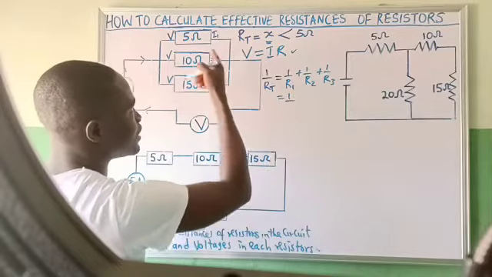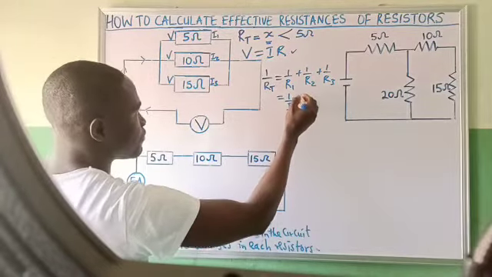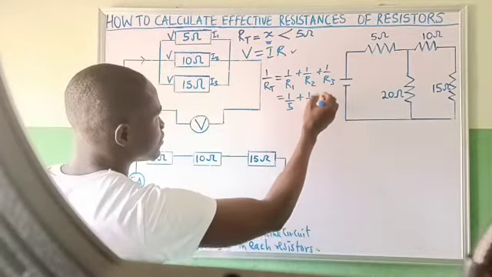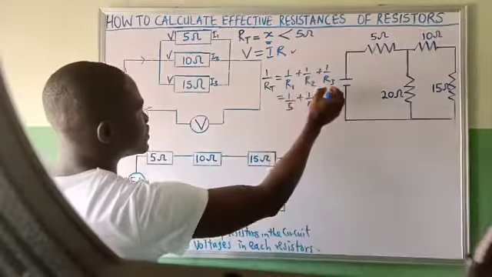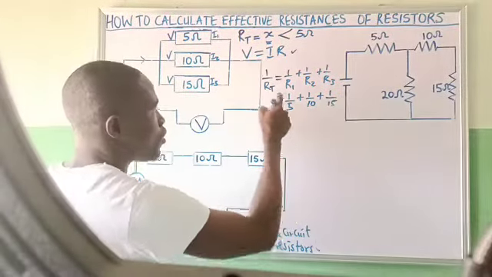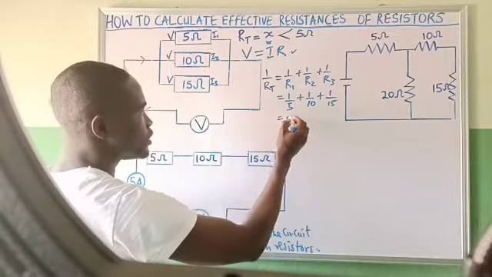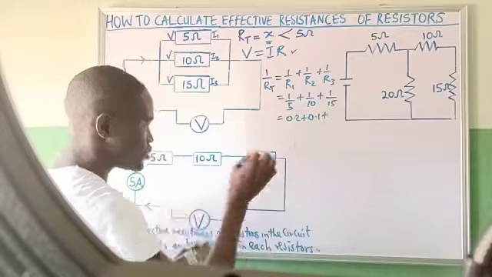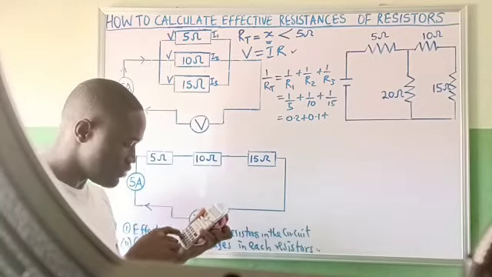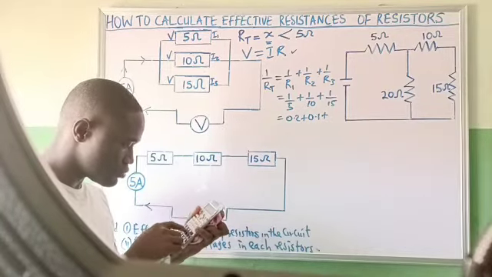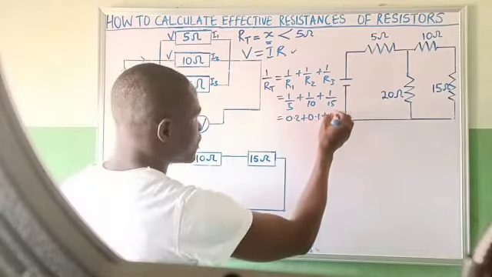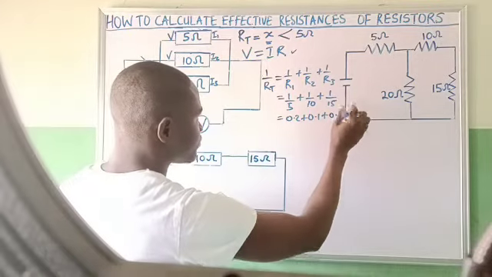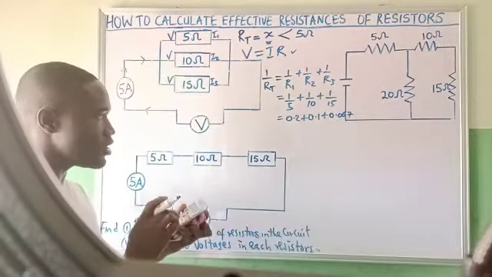R1 is the first one, 5, plus 1 over R2, the second one, 10, plus 1 over R3, the third one, 15. 1 over 5 gives you 0.2, plus 1 over 10, 0.1, plus 1 over 15 gives you 0.066, approximately 0.067. Now you add up.